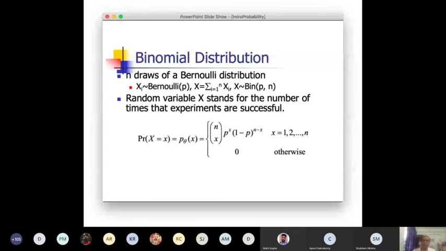It can have 0 to n, and outside that, of course, it does not have any value. There is some mistake in my slide. It should be x equal to 0, 1, 2 to n.